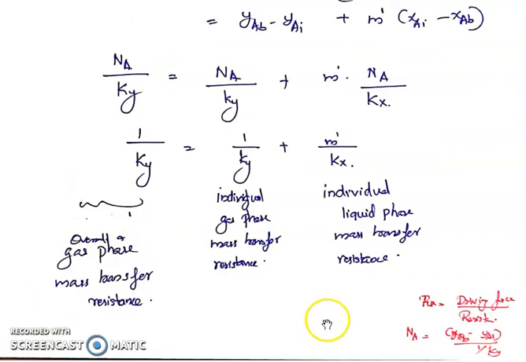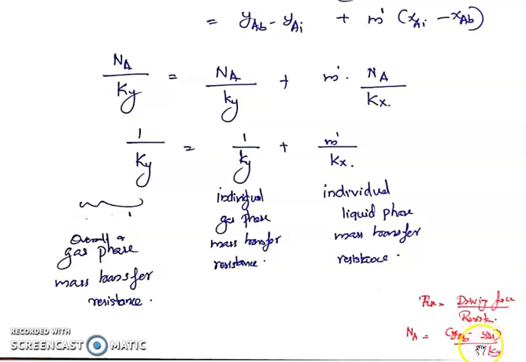But why do I say it is the resistance? Because I know flux is proportional to driving force. So I can write flux is equal to driving force by resistance. Here flux NA is equal to ky into YAB minus YAI. That is YAB minus YAI divided by 1 by ky.